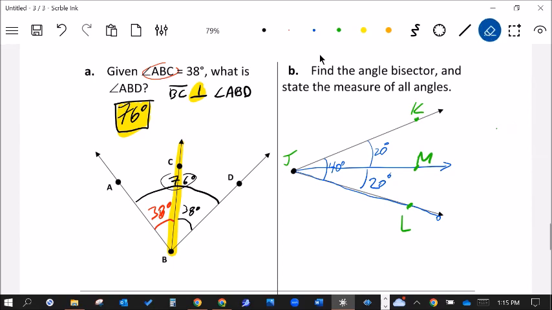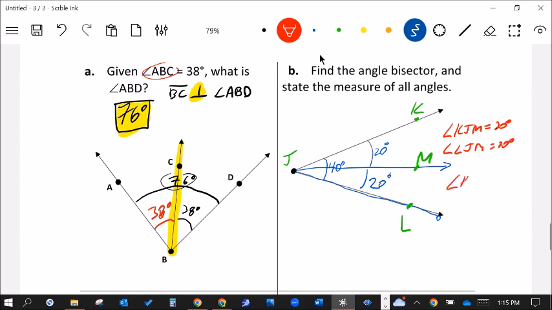So let's redo this one. Angle KJM is 20 degrees. Angle L to J to M is 20 degrees. And the overall one then is angle KJL, or LJK would also be fine. And that would be 40 degrees. So that's the amount of all of them, and you'd use a protractor to get the 40 degrees first.